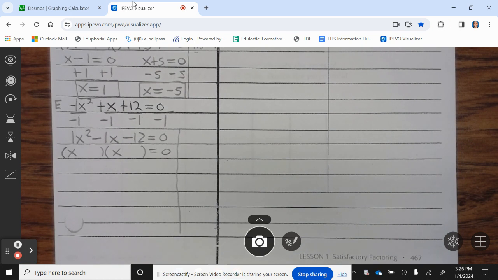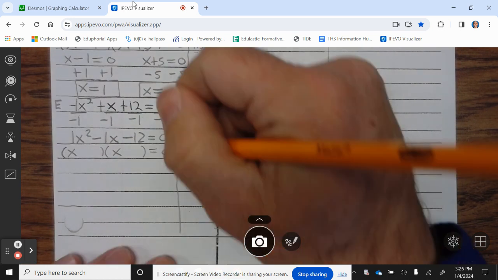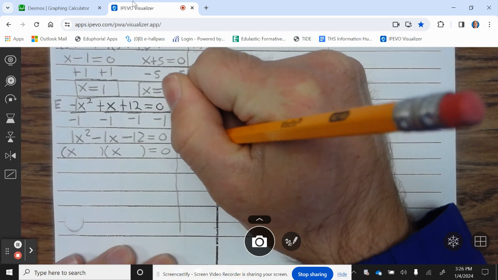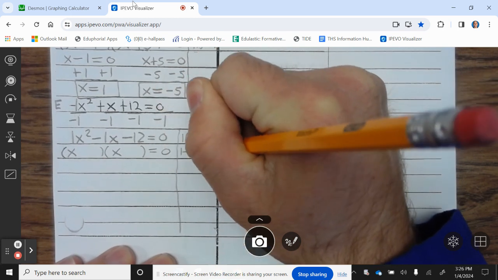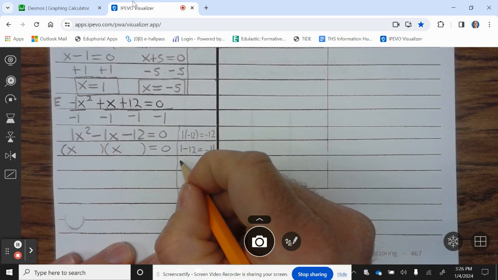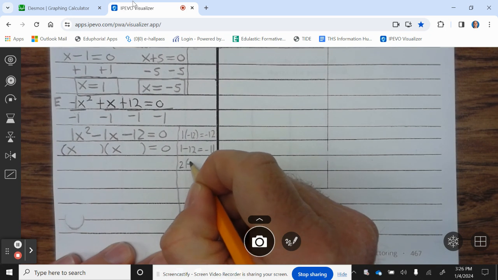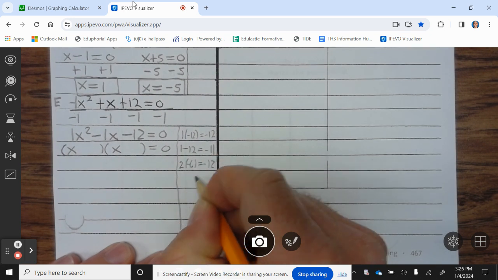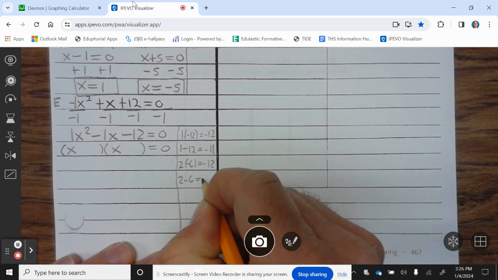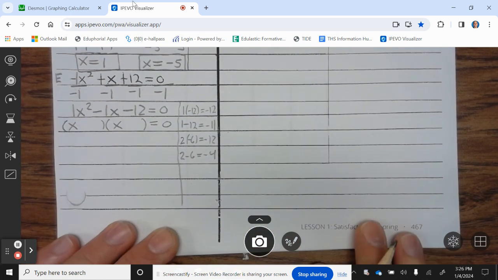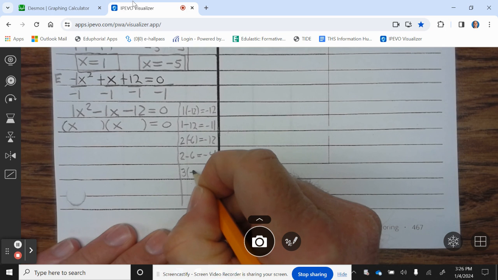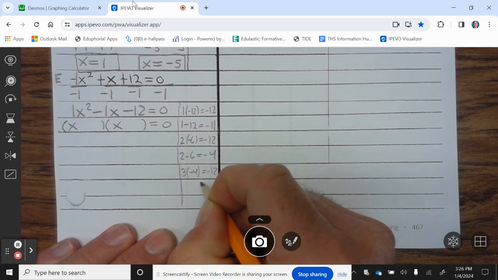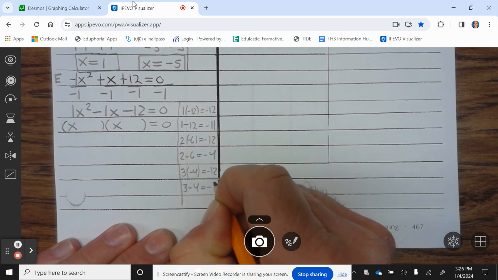Now we need to figure out what numbers multiply to give you negative 12 combined to be negative 1. Since the middle number is negative, the bigger number is negative. So 1 times negative 12 is negative 12. 1 minus 12 is negative 11. That doesn't work. 2 times negative 6 is negative 12. 2 minus 6 is negative 4. That doesn't work. Okay. 3 times negative 4 is negative 12. 3 minus 4 is negative 1.